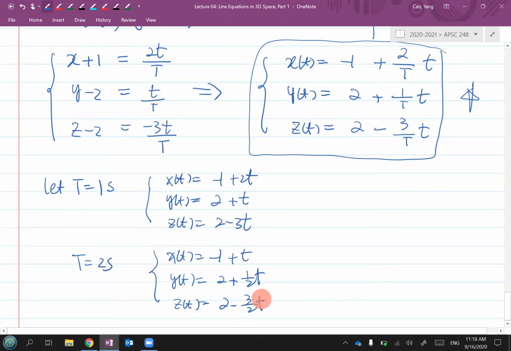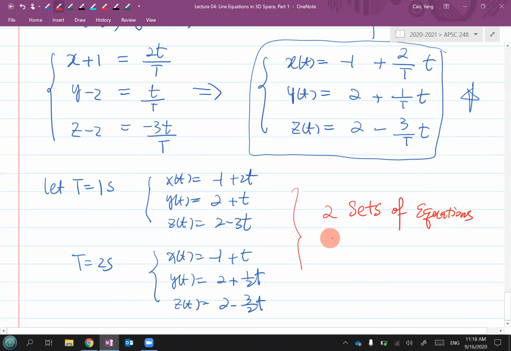So different t values end up with different equations. You look at these two sets of parametric equations, they're not exactly the same. There are some similarities, which we'll explain. But overall, you basically get two sets of equations.